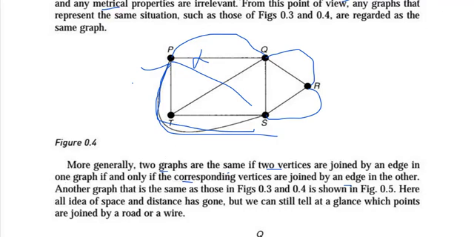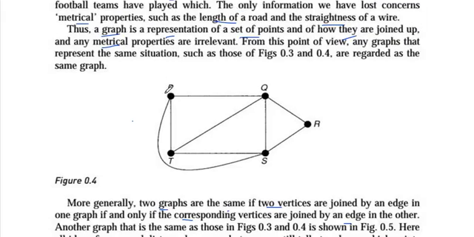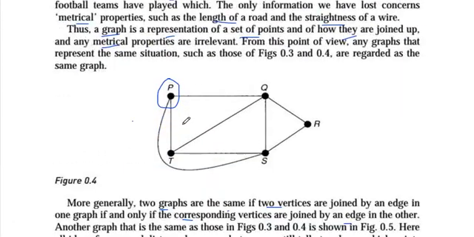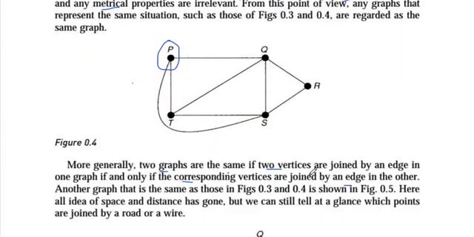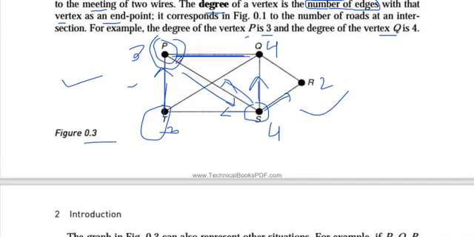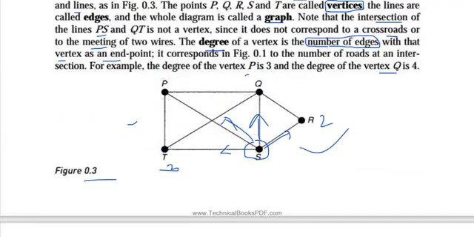What they say is that if, in two graphs, the same 2 vertices, here P and here also P, are joined by an edge. Here they are joined by the PQ edge, the PT edge, and the PS edge. How many edges are joined with P?